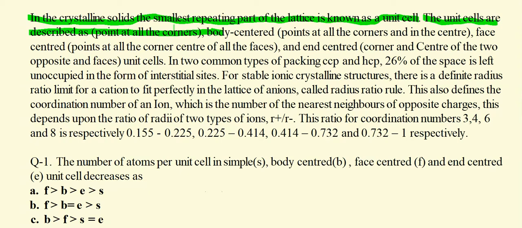The unit cells are described as points at all the corners. The unit cells can be of two types. You know that one was the primitive unit cell and the other was the centered unit cell.